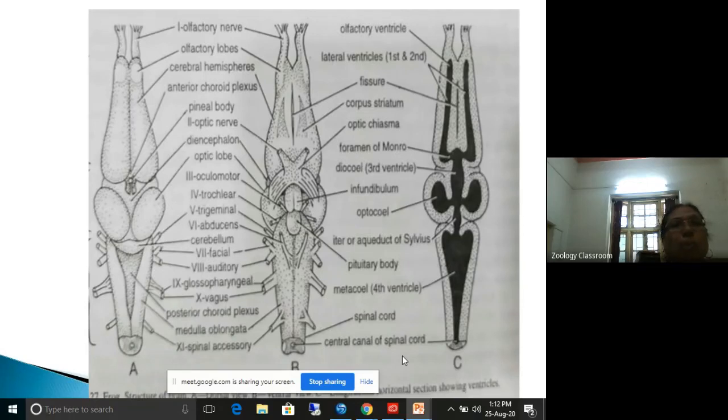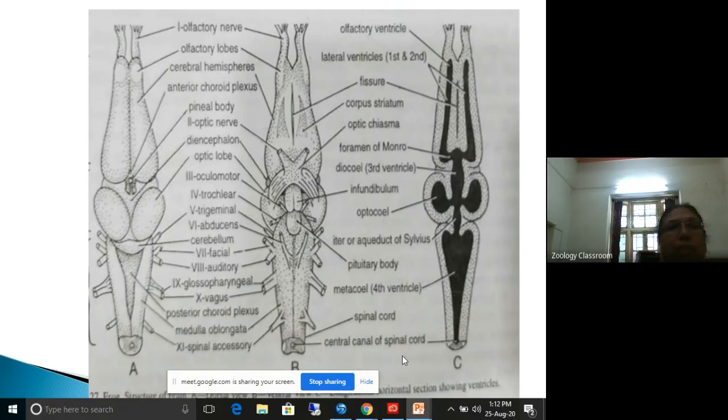The third part of the prosencephalon is called diencephalon. On the roof of the diencephalon is the anterior choroid plexus, which secretes cerebrospinal fluid, and in front is the pineal body. The diencephalon is a compressed part covered by the cerebral hemispheres. Then the midbrain or mesencephalon has equally divided optic lobes, which function in the sense of sight.